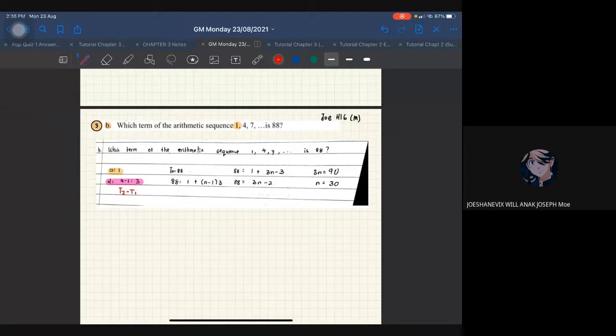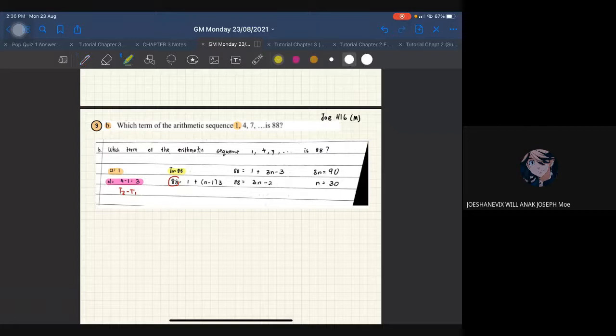Okay, so lepas tu dia bagi lagi nilai untuk Tn dia 88. So after kita dapat semua nilai A, D and Tn ni, kita masukkan dalam persamaan arithmetic sequence which is 88 equal to 1 plus (n minus 1) dalam kurungan 3.